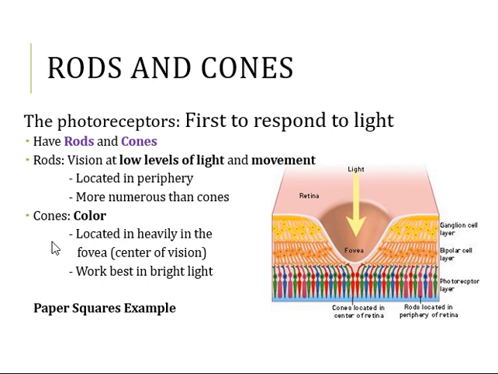Cones have a strong concentration in the fovea, which is the center of our vision, and they work best in bright light. So the high concentrations of rods in the periphery allow us to see low light well.